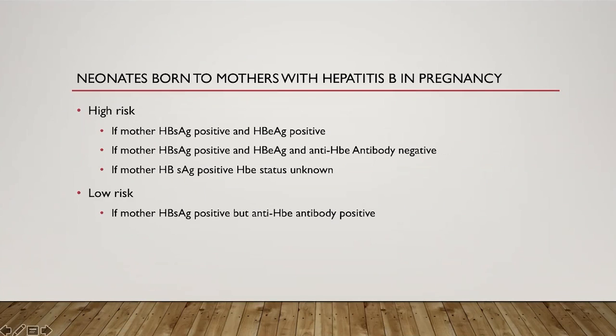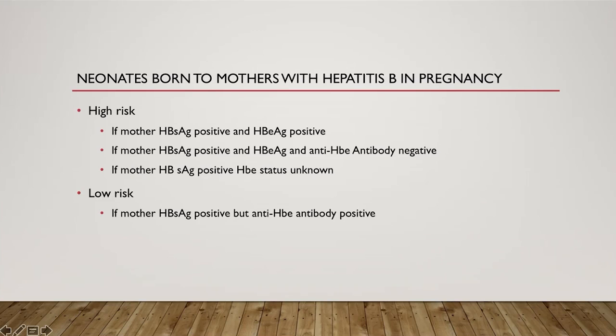If a mother in her pregnancy tests positive for hepatitis B, what are we going to do for the neonate? First we need to see whether it's a high risk neonate or a low risk neonate. If the mother is HBs antigen positive and HBe antigen positive, that's a high risk baby.